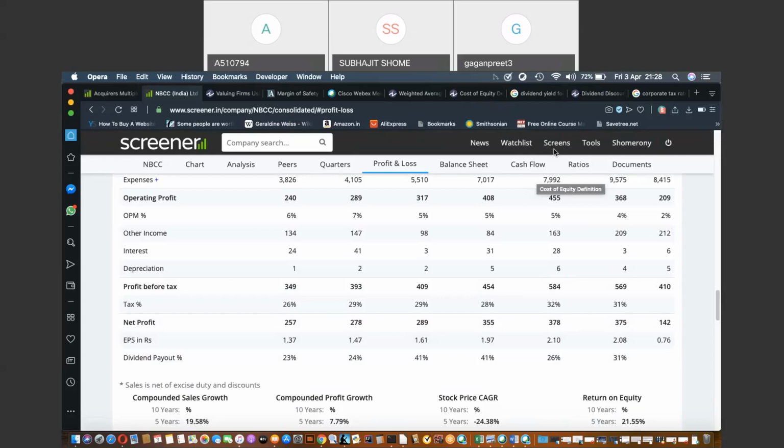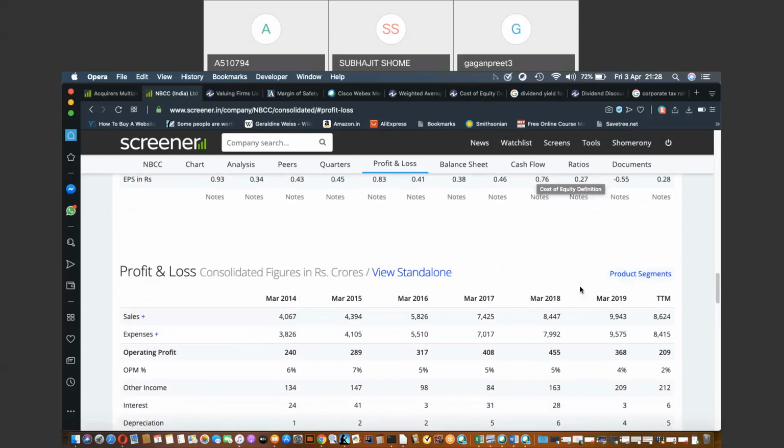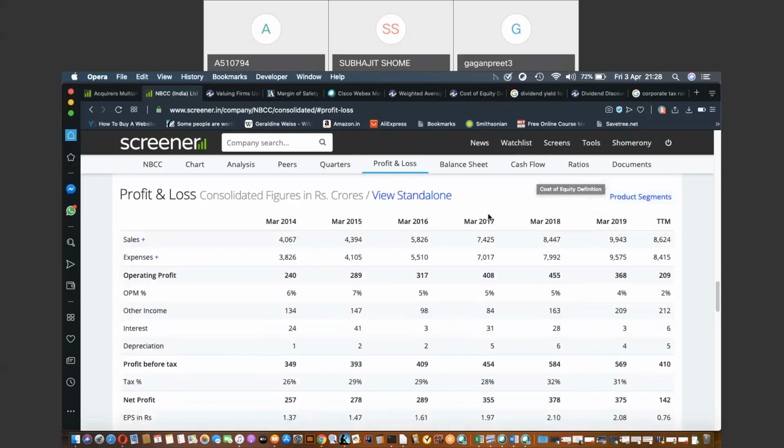Now we find depreciation, which is given over here. Depreciation is 6. We are just adding inputs as per the formula. So 459 plus 6 is 465.